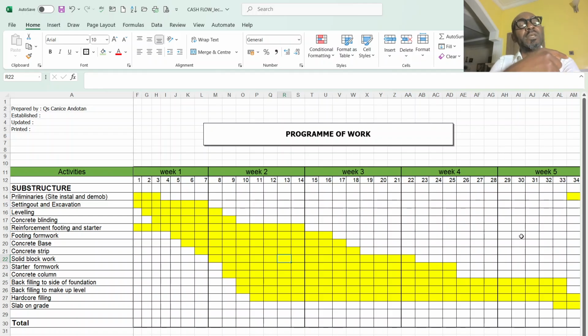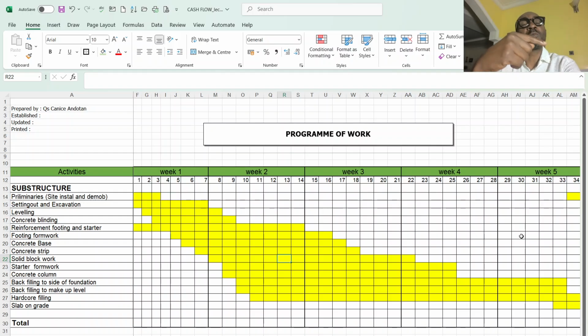So with this, the finance department will make the amount that you are expected to spend available for you each month so that delay will not occur.